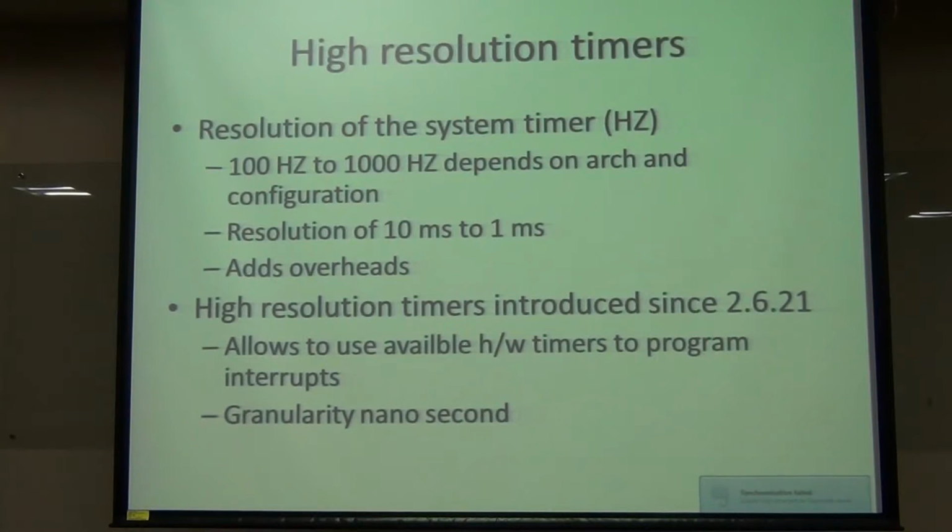So this high-resolution timer was introduced, and it is sorted using a red-black tree, so that your timer firing is well sorted based on timer expiration values. And the resolution and granularity are better, and it can be used with the mainline as well. It's already merged into the mainline kernel.